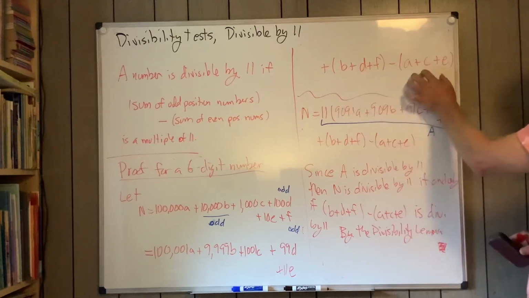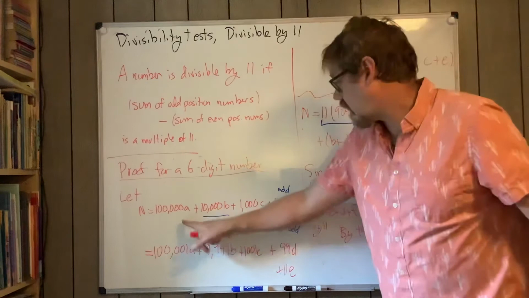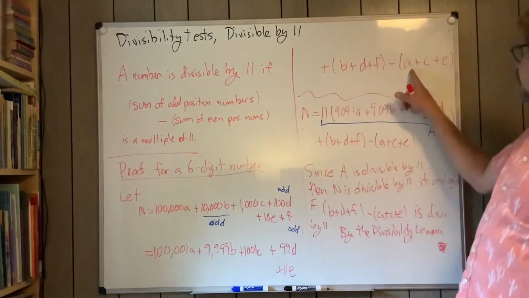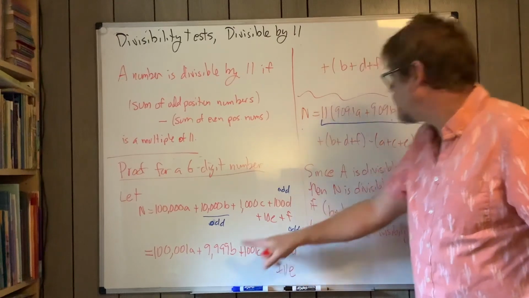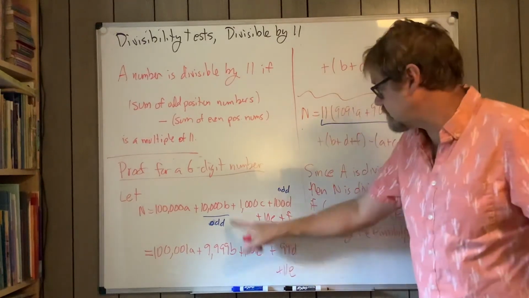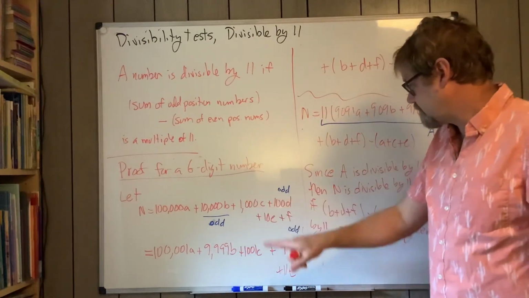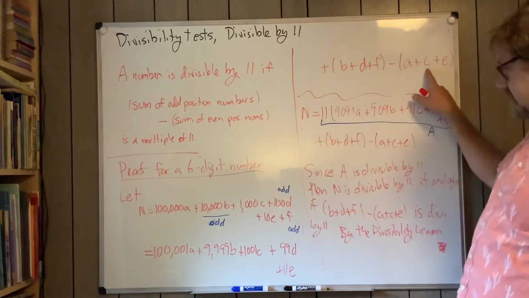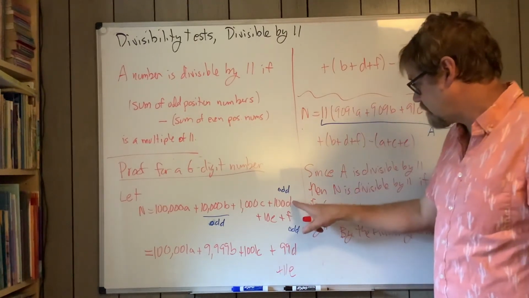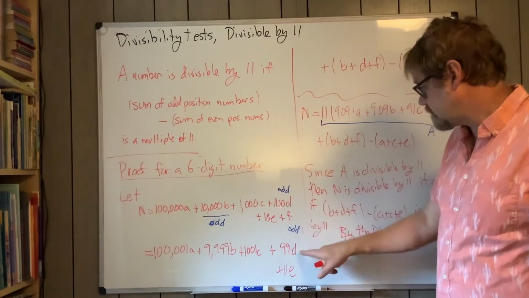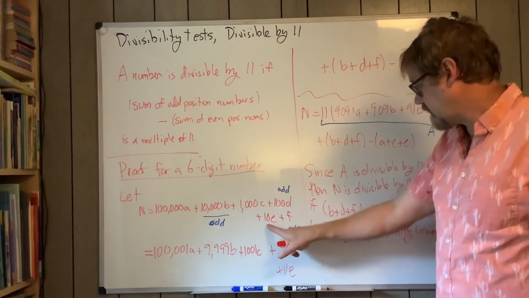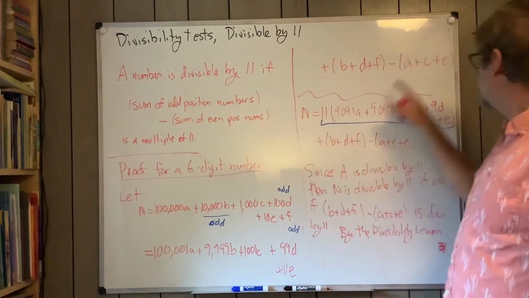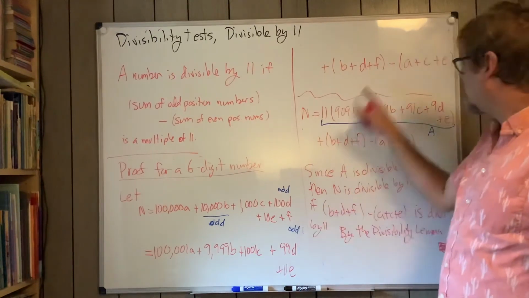And so to get these, I add an A and subtract an A. And here I just have B, and that plus that gives me that. For C, I add a C and subtract a C. For this one, I split into 99D plus D. The same thing with E: plus an E minus an E, and the F just goes right there.